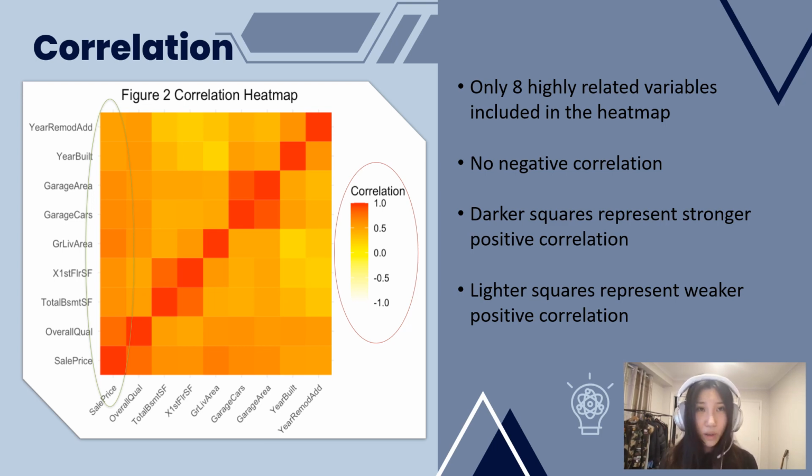For example, in the first column, the overall quality is the darkest square, while the year built is the lightest square. This means overall quality will affect the sales price more than year built. So, when predicting the sales price, we should be more concerned about the overall quality rather than the year built.